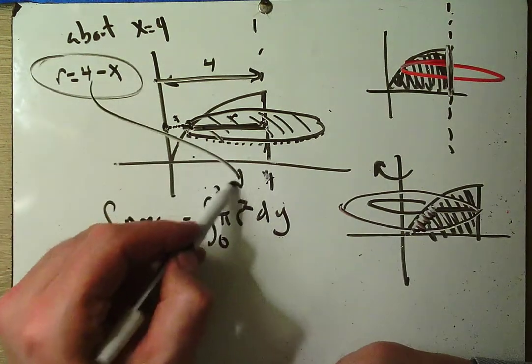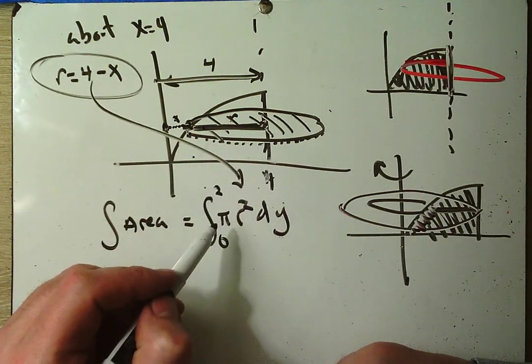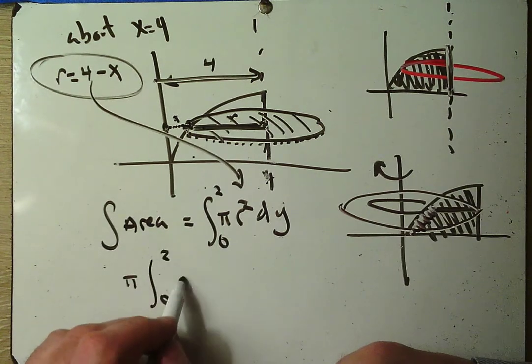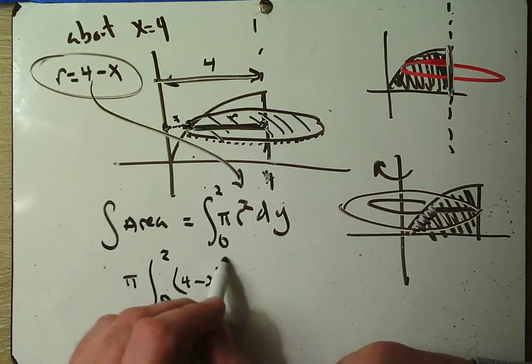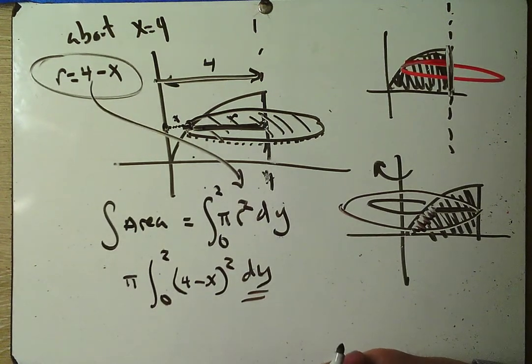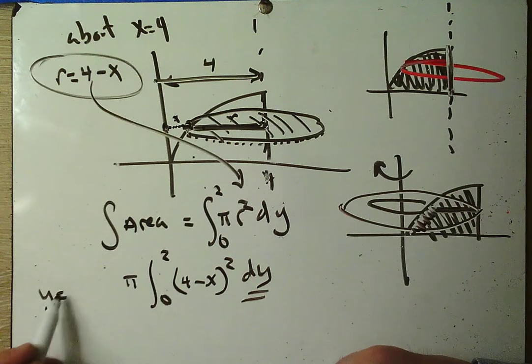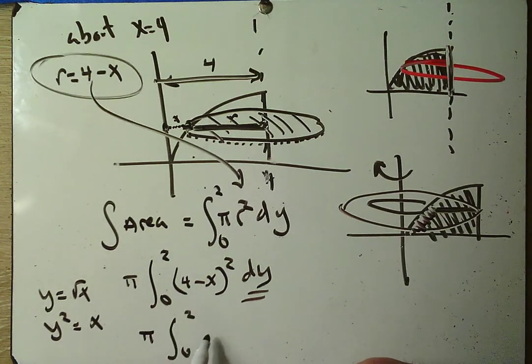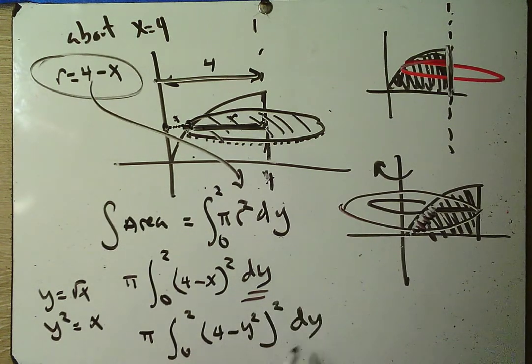And we put our radius in here, pi, 0 to 2, 4 minus x squared dy. We need to have everything in terms of y's. Remember, ours was y equals square root of x, so x was equal to y squared. So my final integral would be 0 to 2 times pi of 4 minus y squared dy.